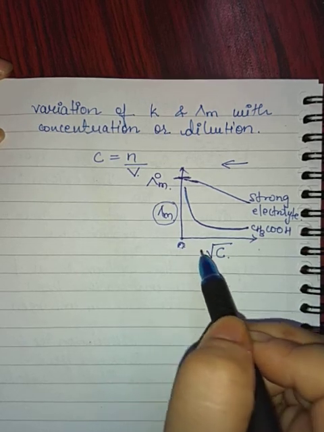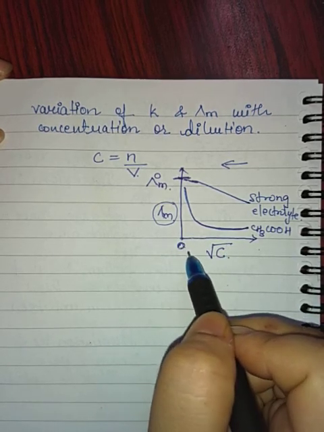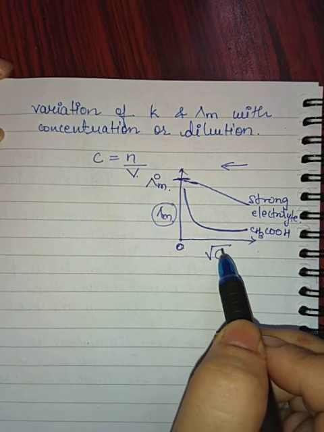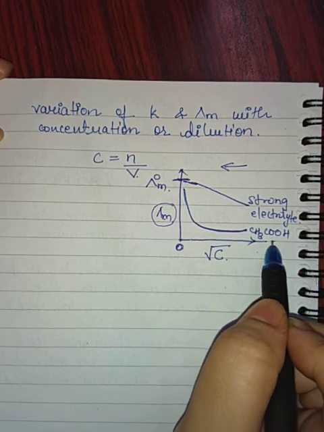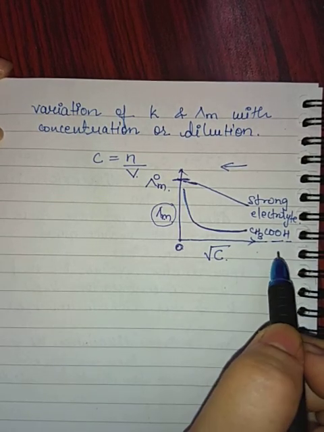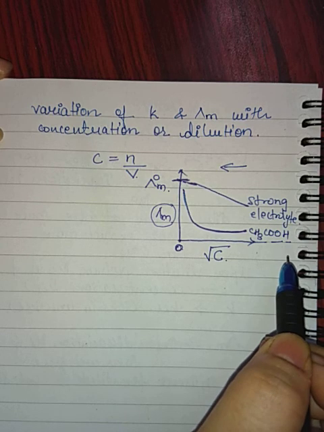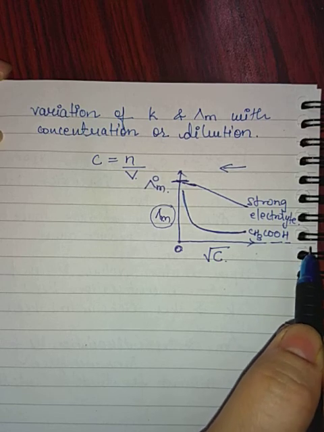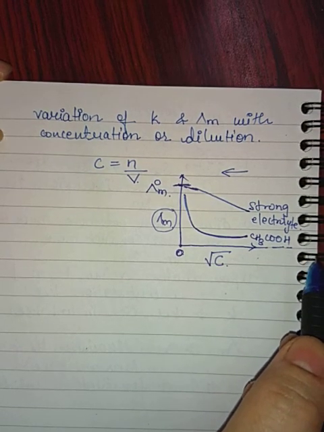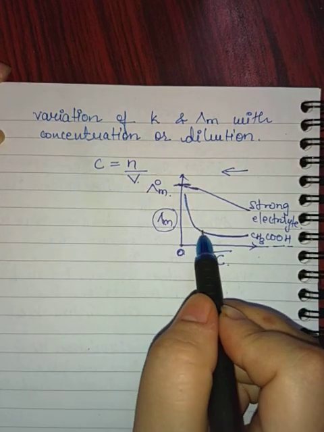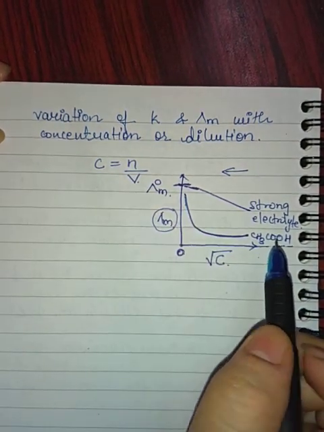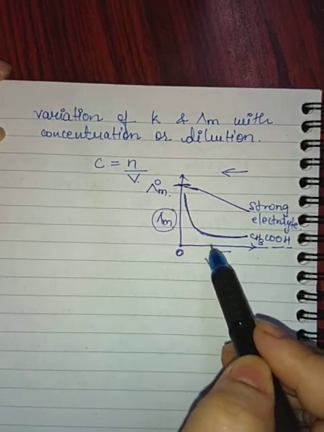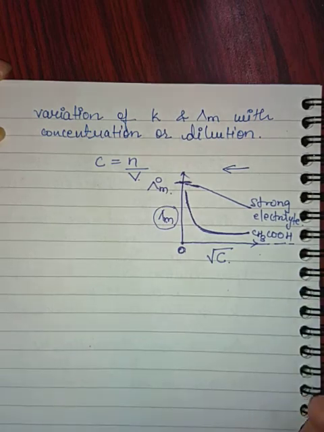So when the concentration reaches zero, that means at infinite dilution, what happens? The dissociation of acetic acid into ions is complete. Okay, complete meaning it doesn't dissociate completely into its ions, but whatever ions are going to be dissociated, that number of moles of ions has dissociated at this particular concentration. So since more number of ions are present, lambda m value increases.